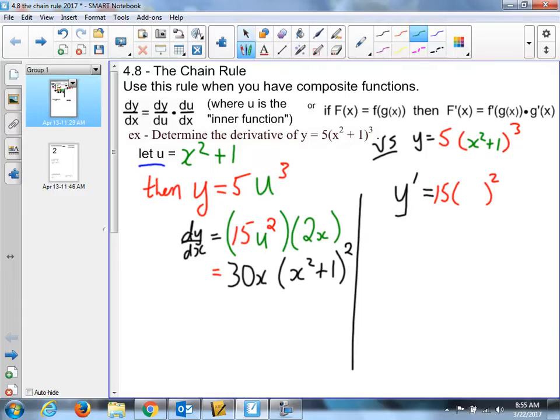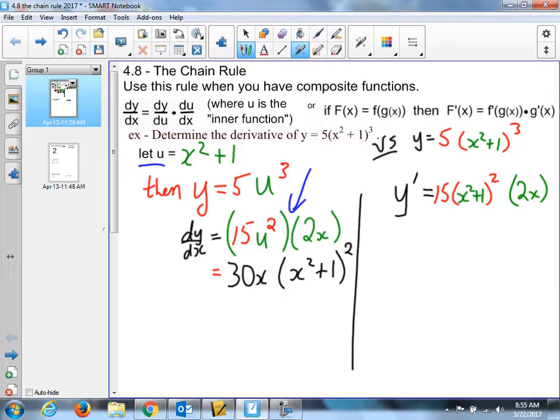I do not touch the g of x, right? It's still x squared plus 1. Now, times g prime of x, the derivative of the inside, which is 2x, correct? You see you get the same result as that. One less step, though, in a sense.